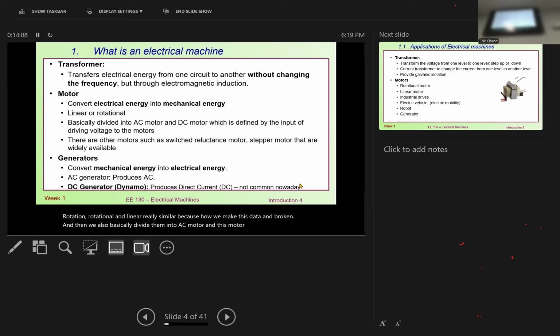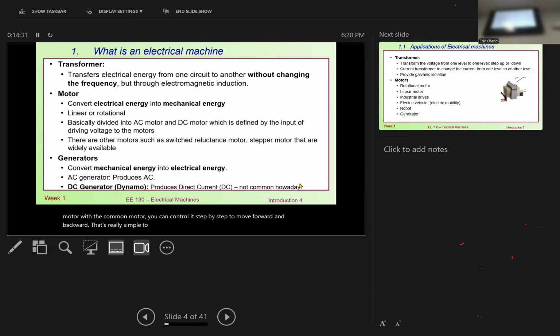Later on, we will explain the difference between them, and how to control and operate them. We also have other types of special motor, like the switched reluctance motor and stepper motor. Maybe some of you have used a stepper motor in your project. With the controller, you can control it step by step to move forward and backward. That's really simple to operate.